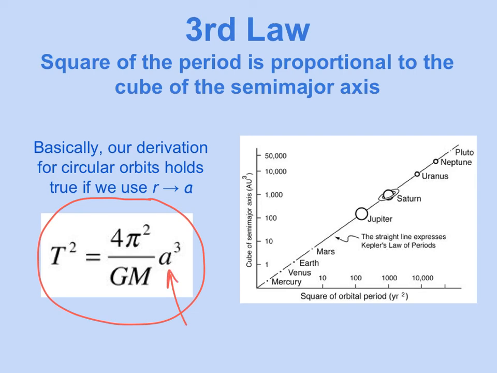And I've chosen to write this the way it is more traditionally written, where it's T squared instead of actually solving for T. What's neat about this is you can compare the periods and the positions of all of the planets, and you can see a linear connection between the time squared and the distance from the sun cubed.